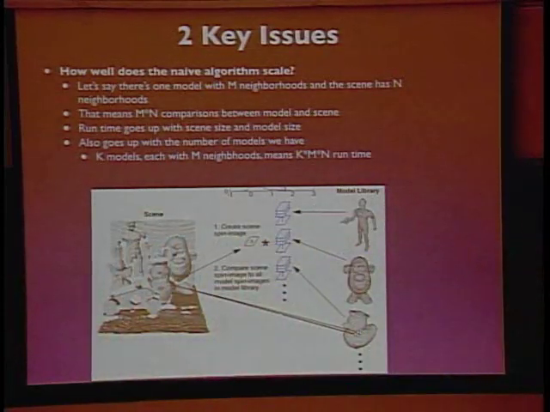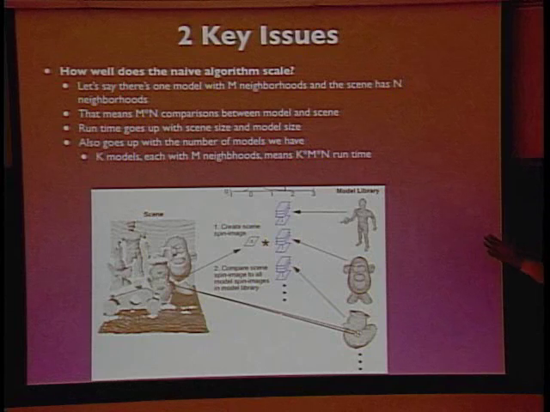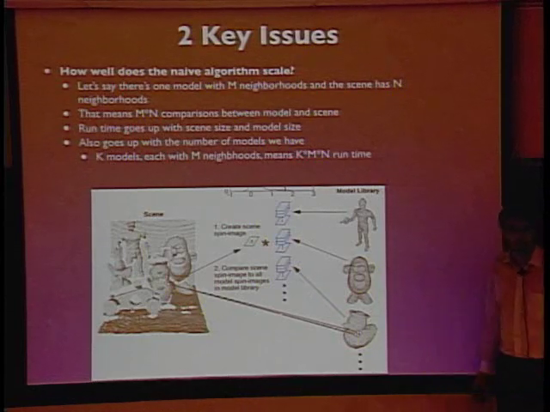That means that there's going to be basically m times n number of comparisons we're going to have to do between local shape representations on one and local shape representations on another. So this has kind of an n squared kind of growth thing going on, where if there are n over here and n over there, it's like n squared number of comparisons.